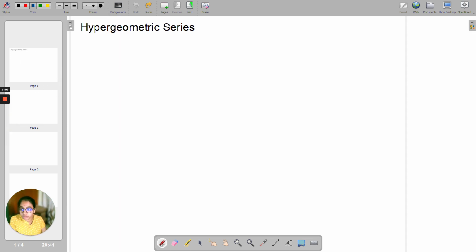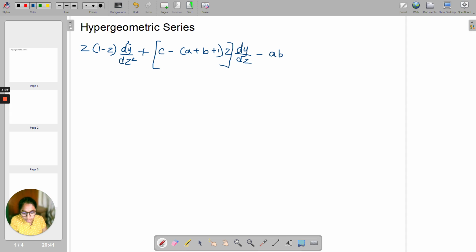The hypergeometric equation was z into 1 minus z d square y by dz square, plus c minus a plus b plus 1 into z, the whole thing into dy by dz, minus a b y is equal to 0.